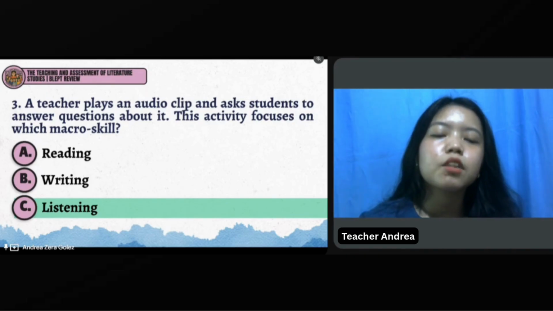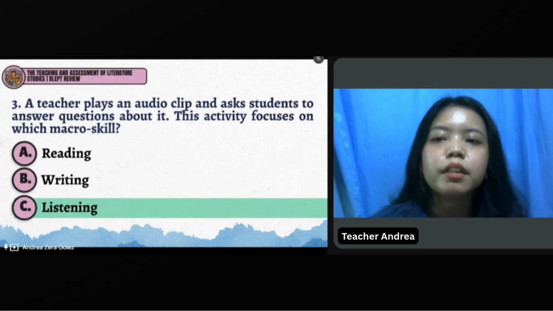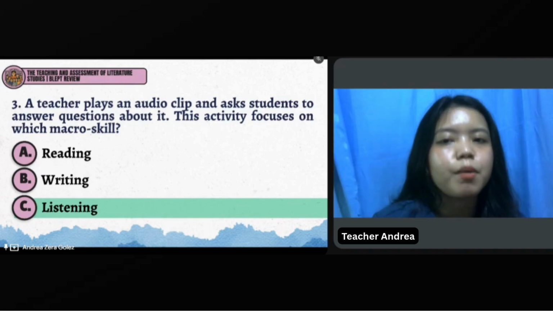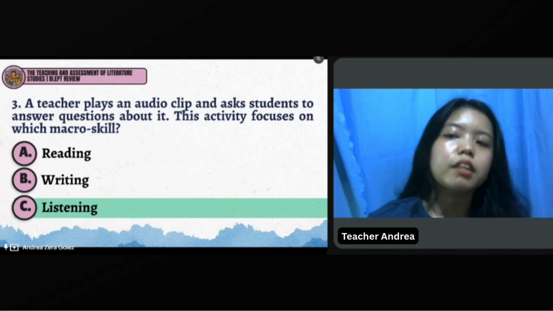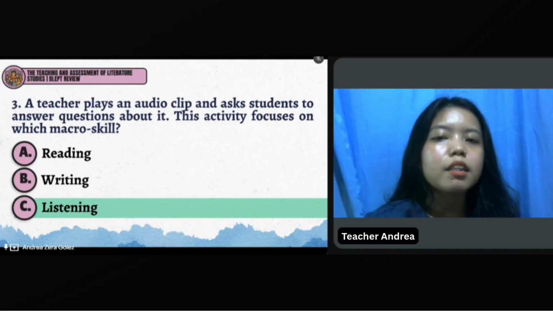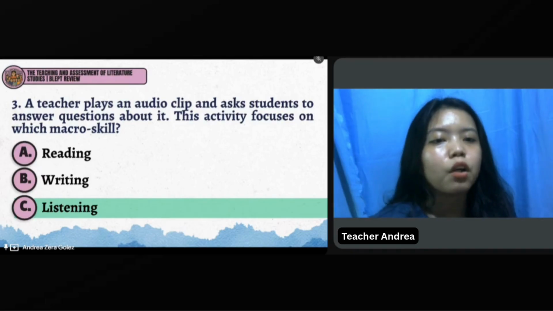In this question, we can see it right away. The statement says that the teacher plays an audio clip. In terms of an audio clip, what are you using? Of course, your sense of hearing. So you are listening, and the students answer the questions through listening to the teacher's audio clip.